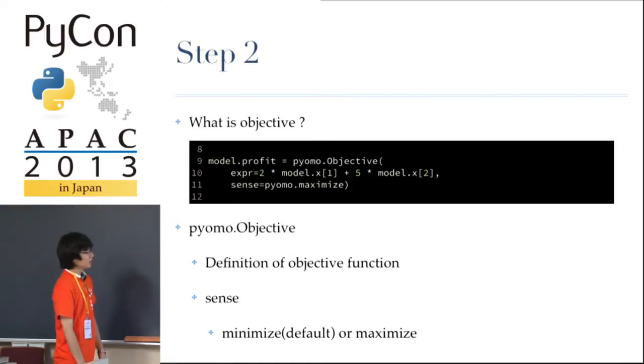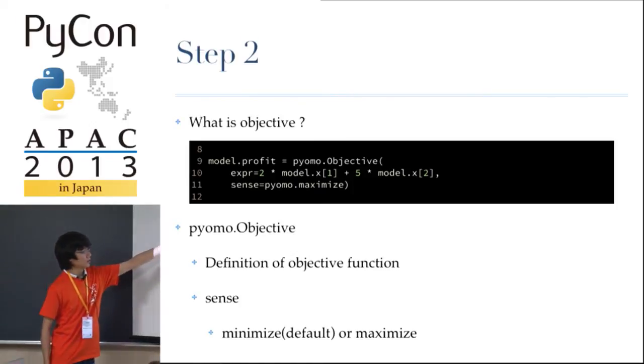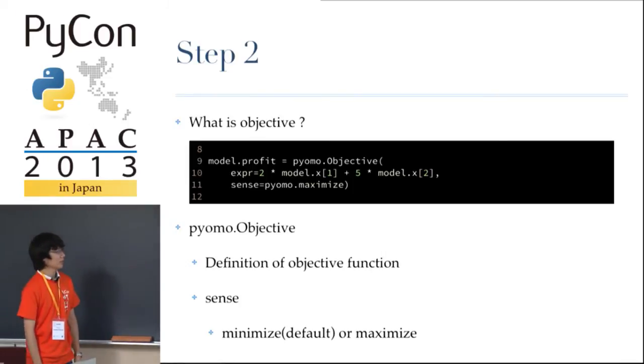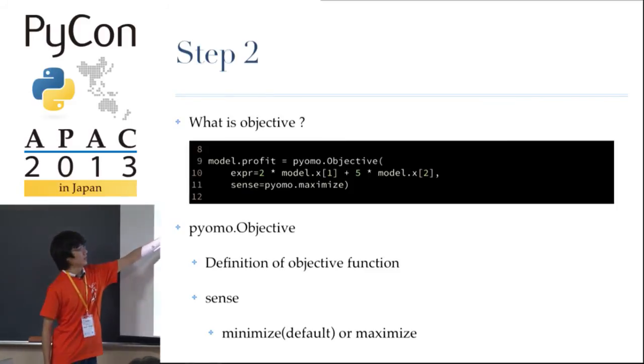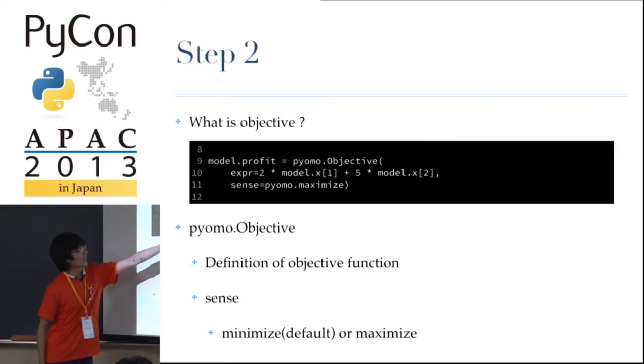We can use the sense option to set the type of optimization. And the objective function is described by these arguments.